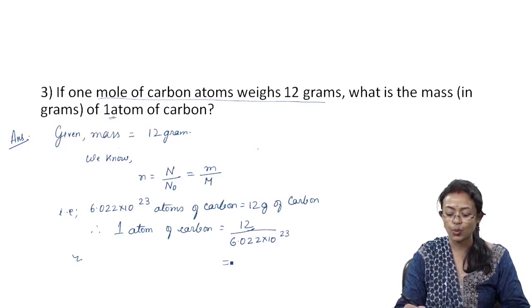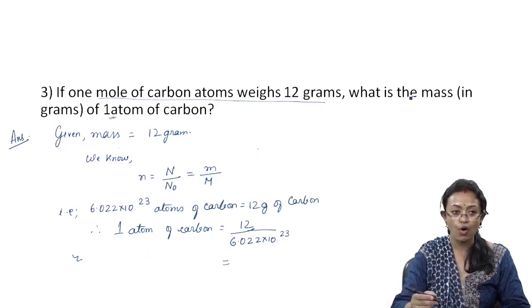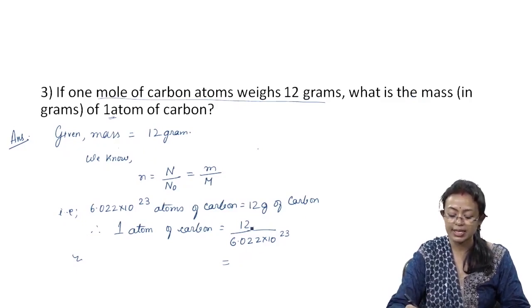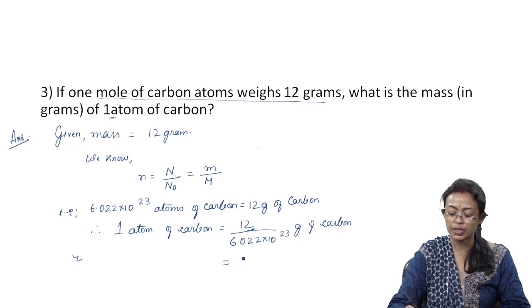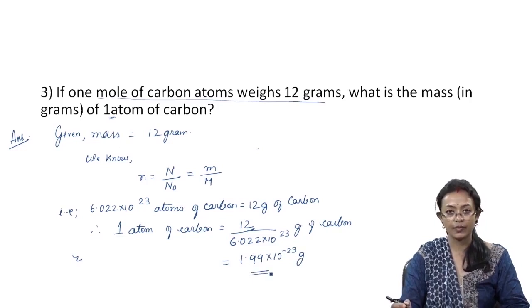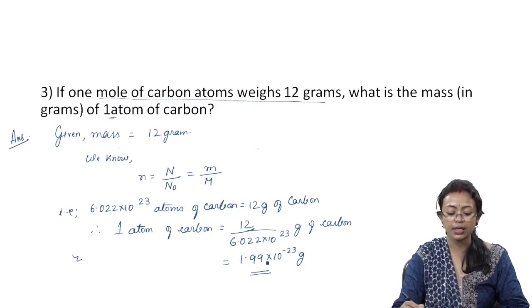So, when we calculate this, we find that the mass of 1 atom of carbon is going to be 12 divided by 6.022 into 10 to the power 23 gram of carbon, which is equal to 1.99 into 10 to the power minus 23 gram. So this gives you an answer for this question.